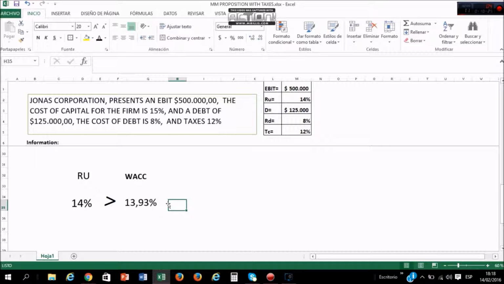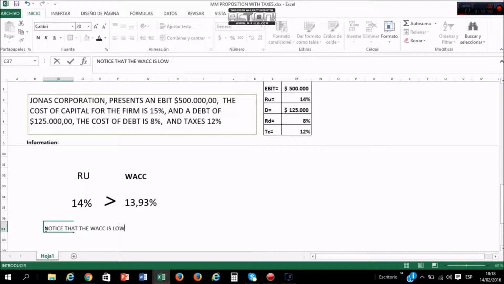So we have to notice that the WACC with taxes is lower than the cost of capital with no debt, that is 14%.